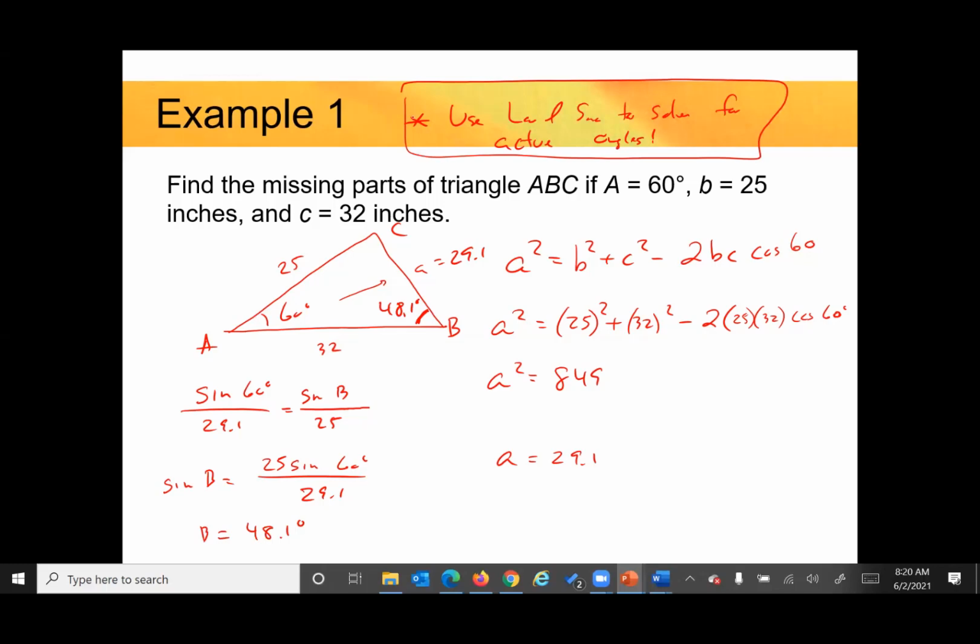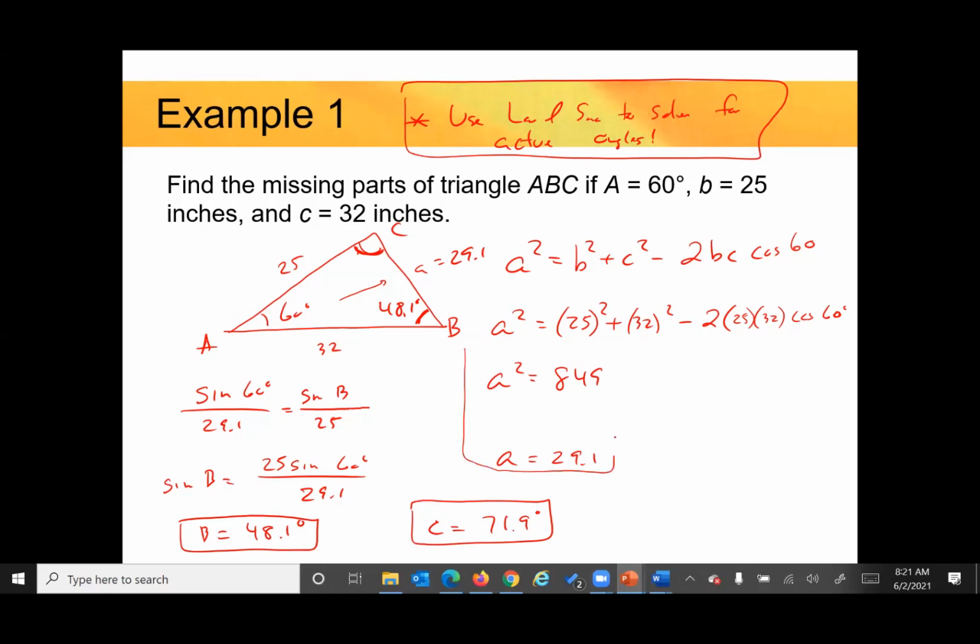Notice if you subtract from 180, what do you get for angle C? 71.9. Anybody second that? Yeah, okay, cool.